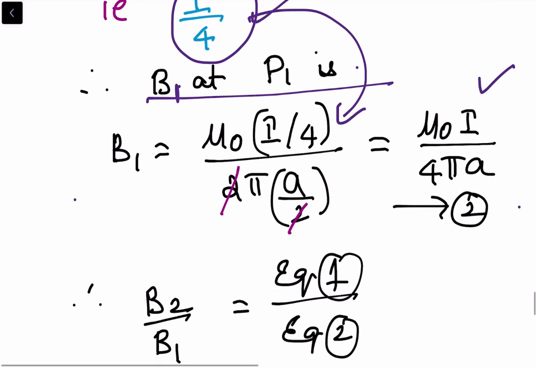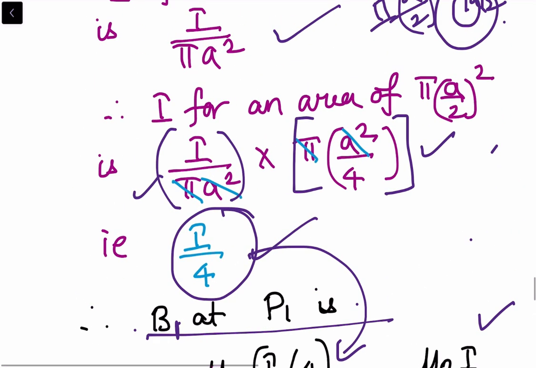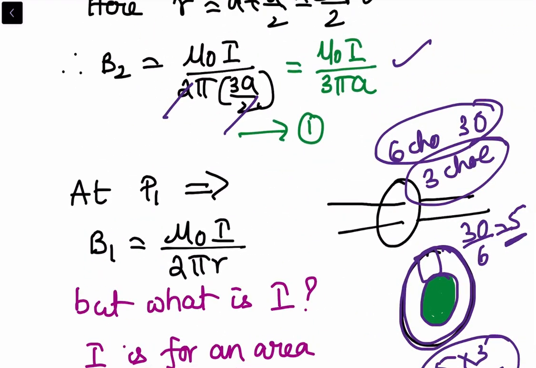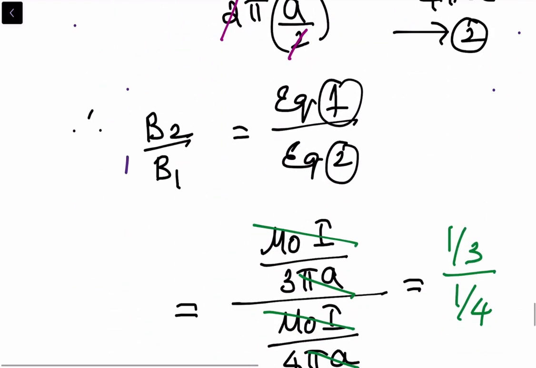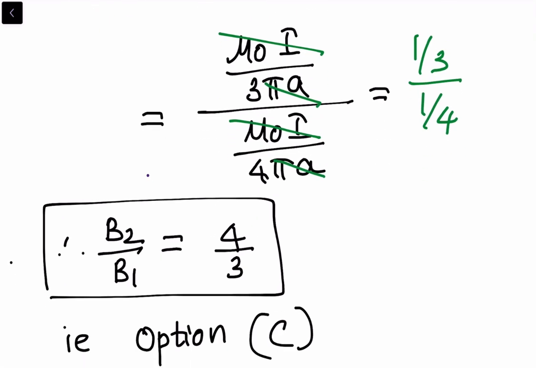Now the ratio they asked is B2 by B1, that is equation 1 by equation 2. Equation 1 is mu 0 I by 3 pi a, which is B2, and with this we got mu 0 I by 4 pi a. Substitute both. Mu 0 I gets cancelled, pi a gets cancelled. 1 by 3 divided by 1 by 4 becomes 4 by 3.